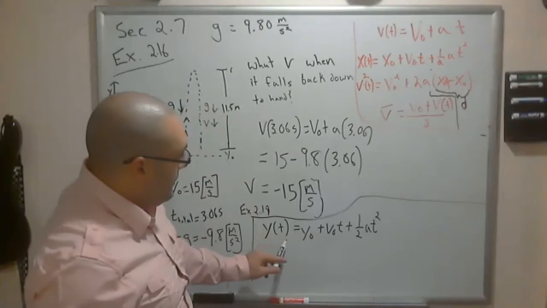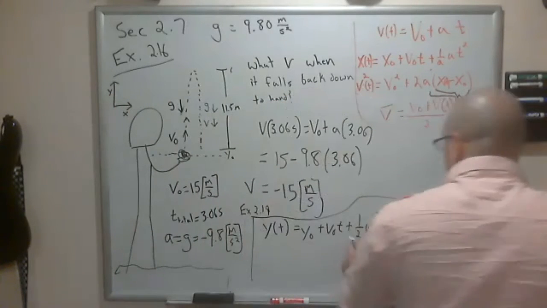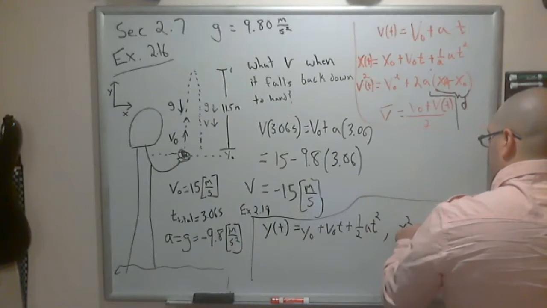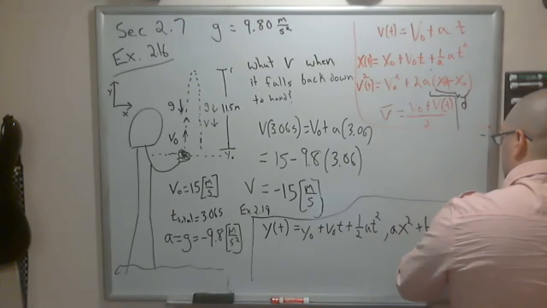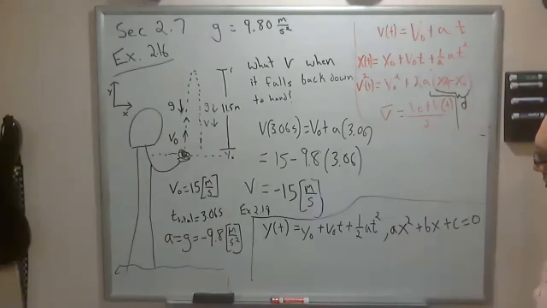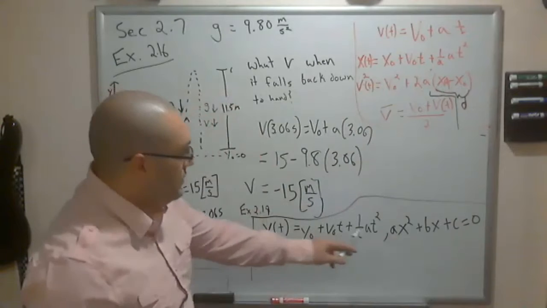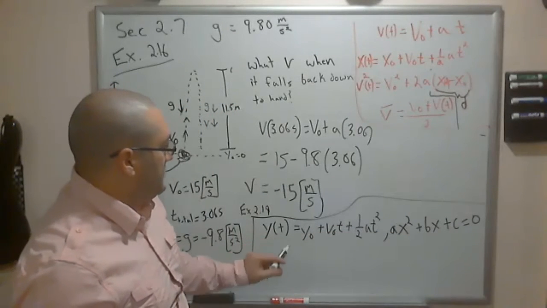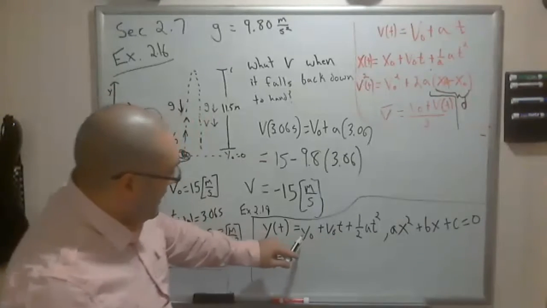All right, so this formula over here looks like the quadratic equation, right? If you remember, ax squared plus bx plus c is equal to 0, right? And if we call this position y0, 0 when it comes back down, this is 0, and then we match it up.